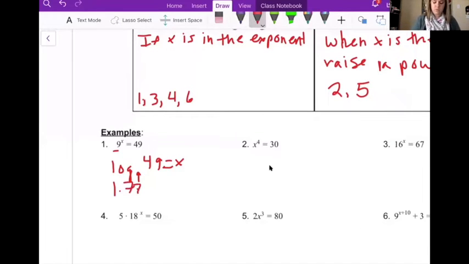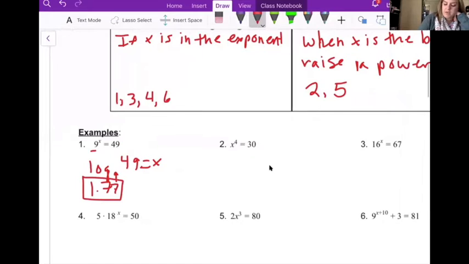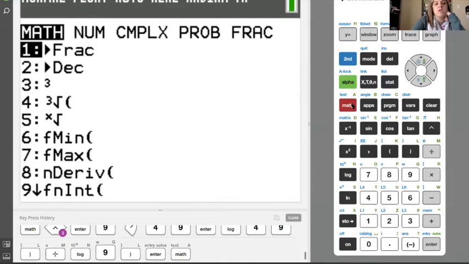And so then if we were looking at example 2, we would want to take the 4th root. The way that looks is we would write this as x equals the 4th root of 30. And again, going back to our calculator, the way that we get this is by going to math, and then you want to choose that fifth option where it has x and then it looks like the square root sign.